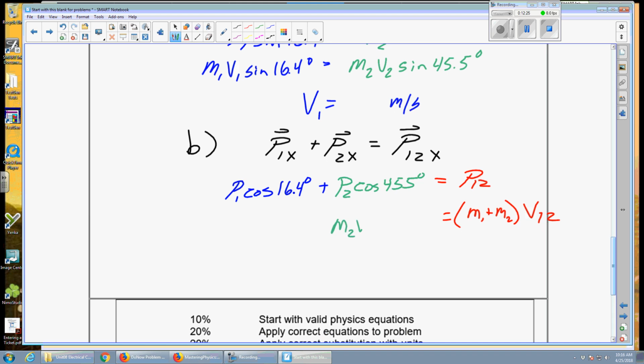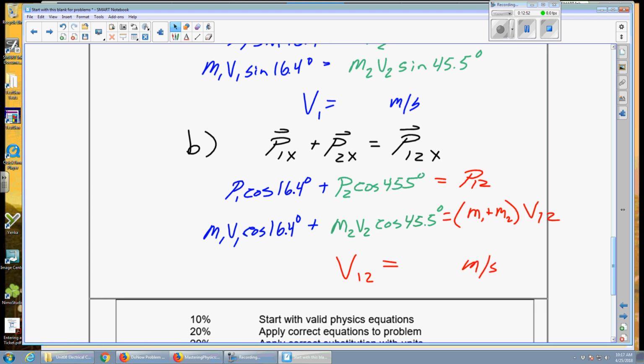Mass of 2, speed of 2, cosine of 45.5, plus mass of 1, speed of 1, cosine of 16.4. You know everything except the speed of 12. So plug it in and you got it.